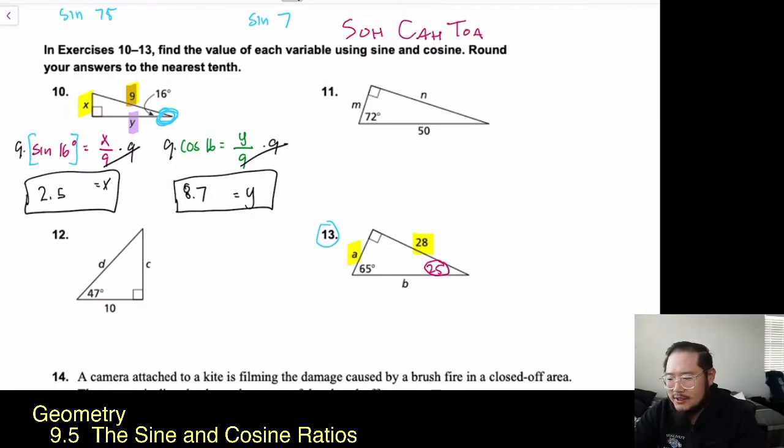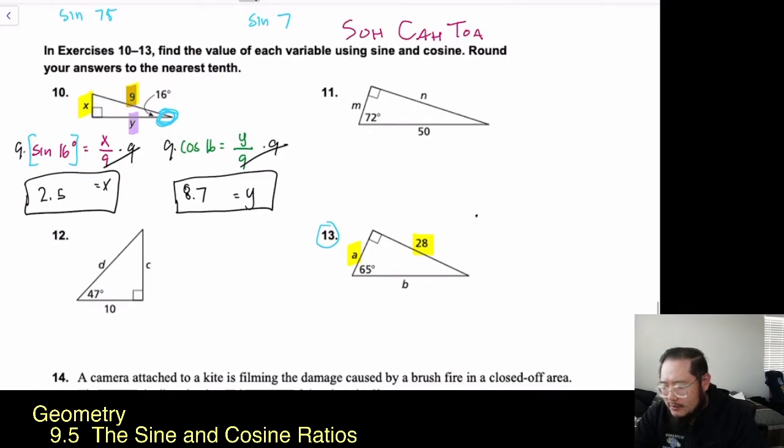So right here, we'll use the tangent ratio, even though I said let's not do that. We'll just do the 65 actually. Let me go ahead and erase this. So we have tangent of 65, and I'm using tangent because A is adjacent and 28 is opposite. So we're going to put 28 over A. We're going to have to do a little bit of algebra, some reorganizing.